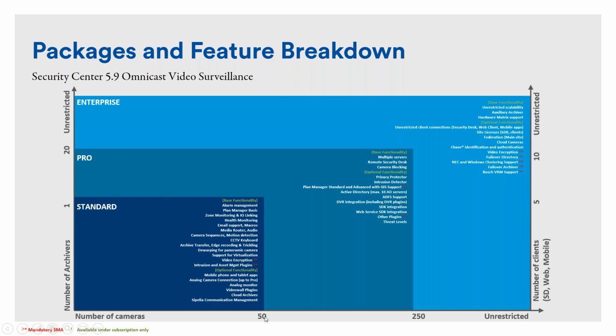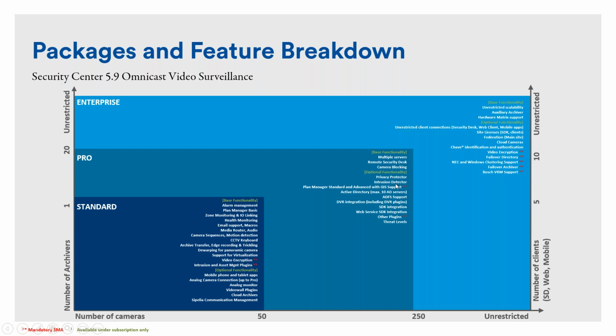If you have over 50 cameras or need to go to multiple archivers, then you need to go to the professional package. So the professional package supports up to 250 cameras, up to 10 client connections, as we see on the right-hand side. You can have multiple servers, remote security desk, camera blocking, and then all these other features.